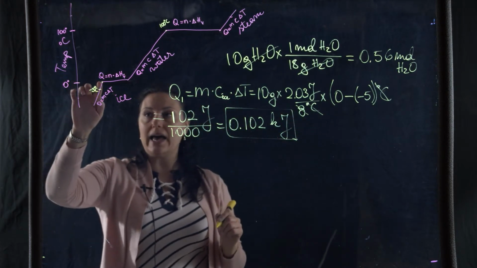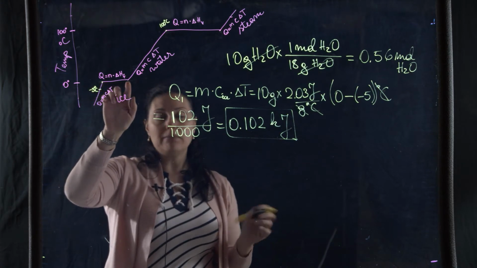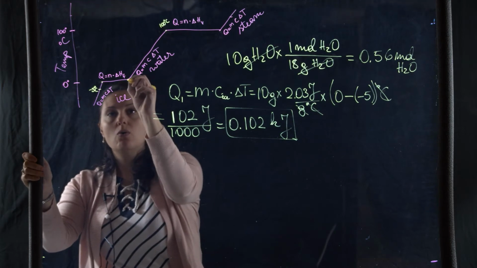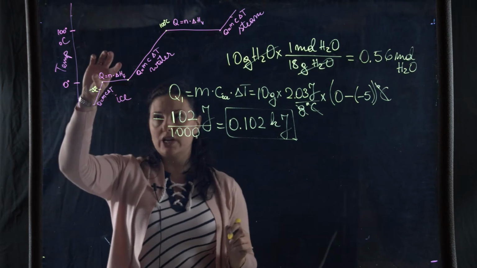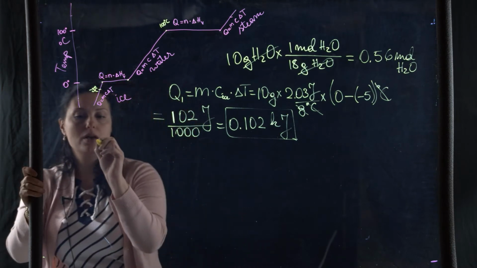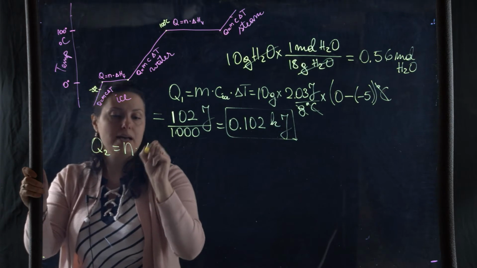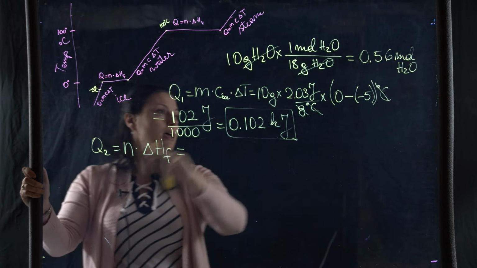Now I have ice at 0 degrees. I go through my melting phase to get to water at 0 degrees. Because I don't have a temperature change, I have to use this formula. My Q2 is equal to N times delta H of fusion for water.